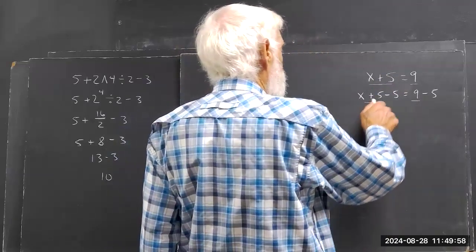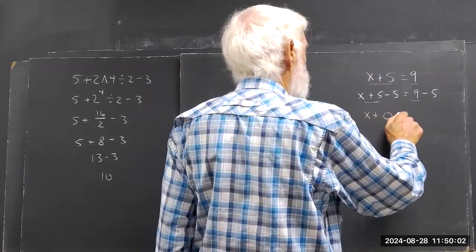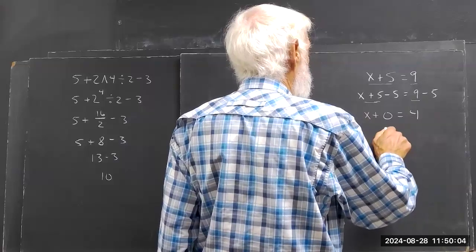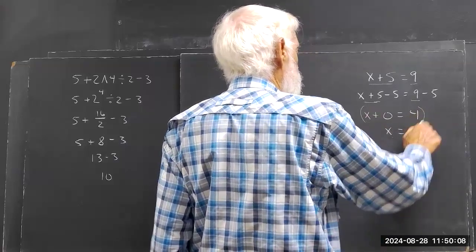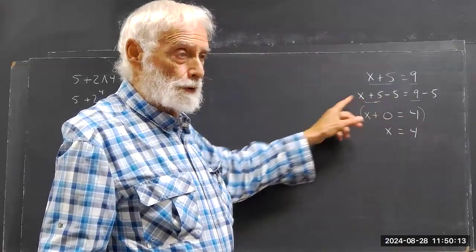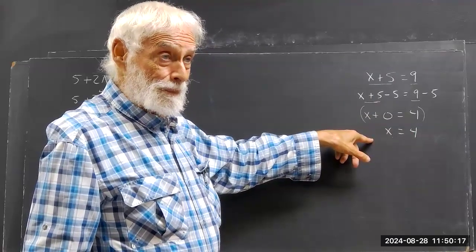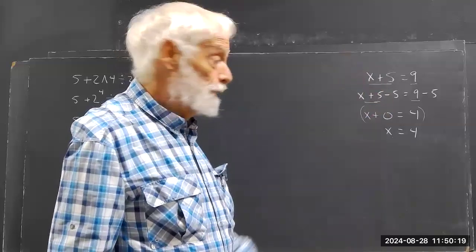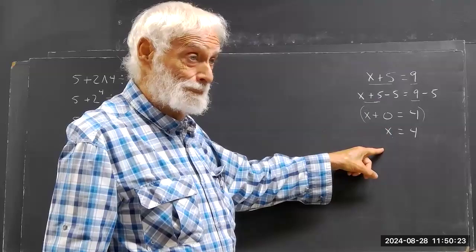Okay? Well, then 5 minus 5 is 0. Put this in parentheses. You really don't need this step because you know 5 minus 5 is 0. And when you add that to x, it's going to give you x, right? It's not because the 5s go away. It's because 5 minus 5 is 0. And when you add 0 to x, you still have x.